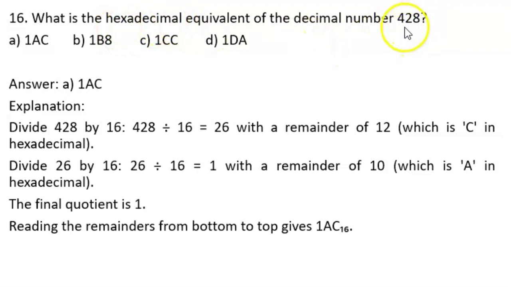We convert by dividing 428 by 16. 428 divided by 16 is 26, with remainder 12. 12 is C in hexadecimal: A is 10, B is 11, C is 12, D is 13, E is 14, F is 15. The remainder 12 is C.